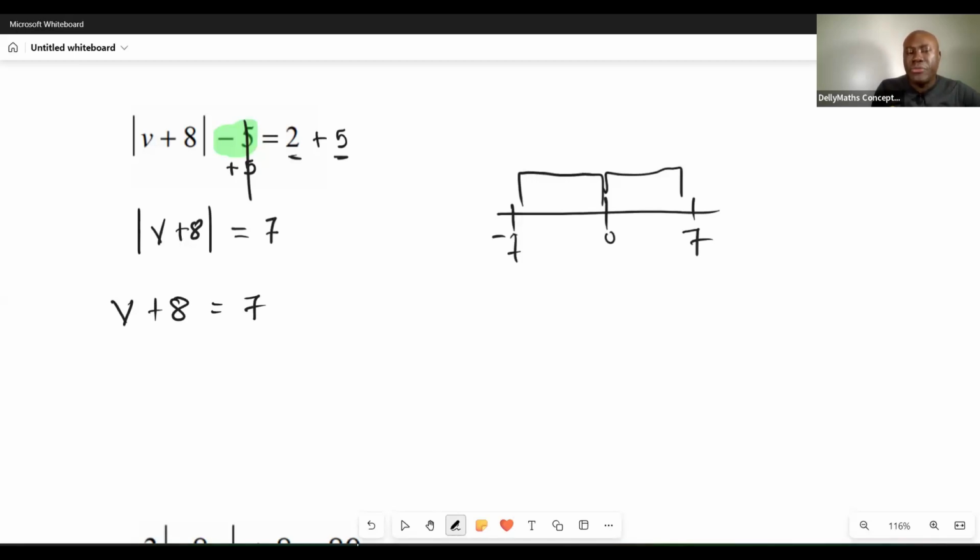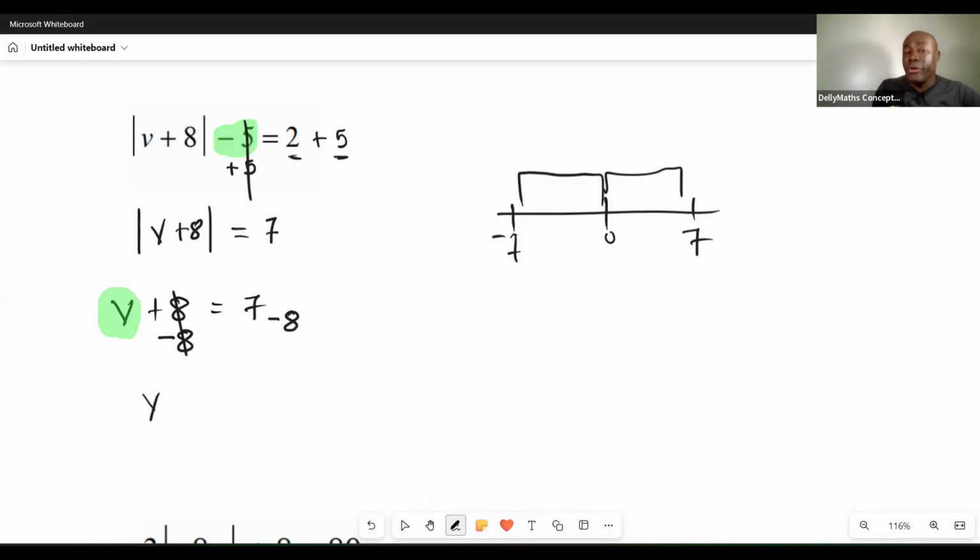In our effort to find v, we're going to have to subtract 8, because we do have a plus 8 right there. And then whatever you do on one side, you have to do the same thing to the other side. Now let's finalize this. V is here.